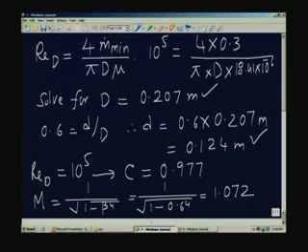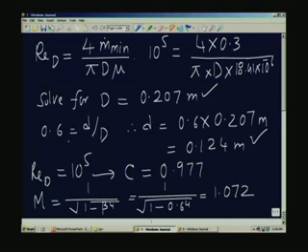So, all I have to do is to substitute and solve for d, because the Reynolds number is given as a limiting value of 10 to the power 5. So, I will take 10 to the power 5 equal to 4 into minimum mass flow rate 0.3 divided by pi times d, the diameter which is to be determined, multiplied by mu, which is 18.4 into 10 to the power minus 6. So, I solve for d and I get a value of 0.207 meters, that is about 20 centimeters, the diameter of the pipe.